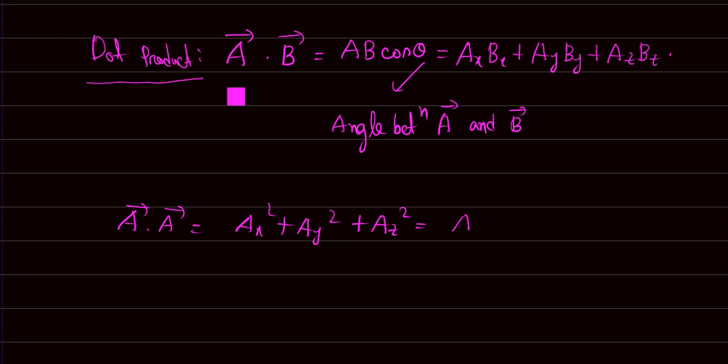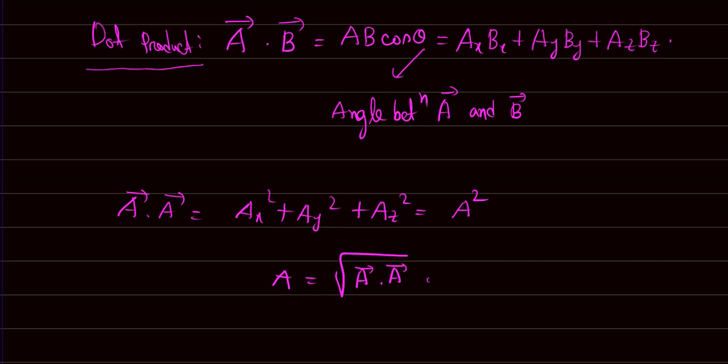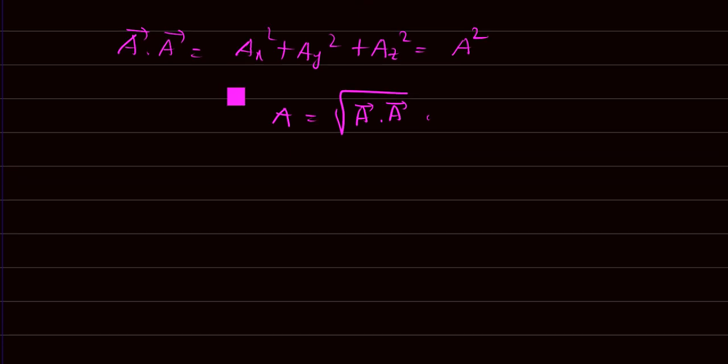This is by definition the length square of A. So if we want to know the length of a vector, it is given by the root of A dot A. And if we want to know the angle between two vectors, cosine theta is given by A dot B divided by AB. So by the definition of the dot product, we can define the length of a vector and the angle between two vectors. This is our goal.